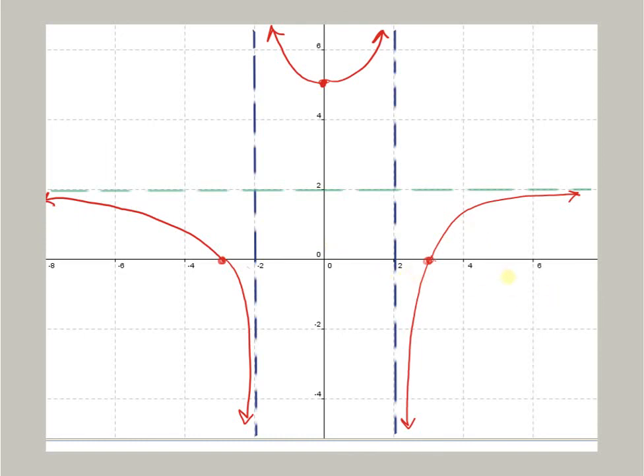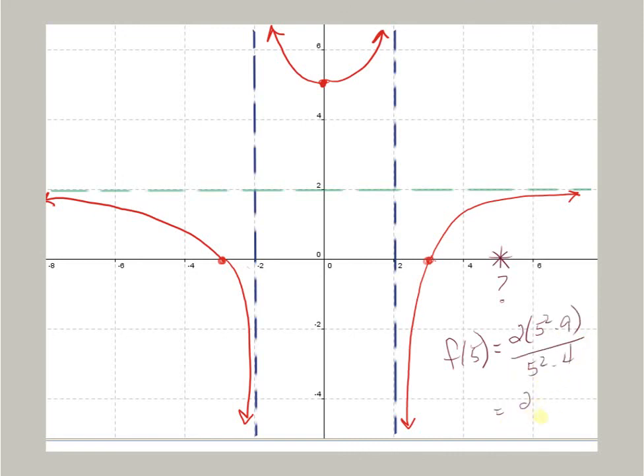For example, if we wanted to know what happens at x=5, let me change colors. So at x=5, what's happening? Well, I could just very simply plug it back in. What is f of 5? It would be 2 times 5 squared minus 9 over 5 squared minus 4.